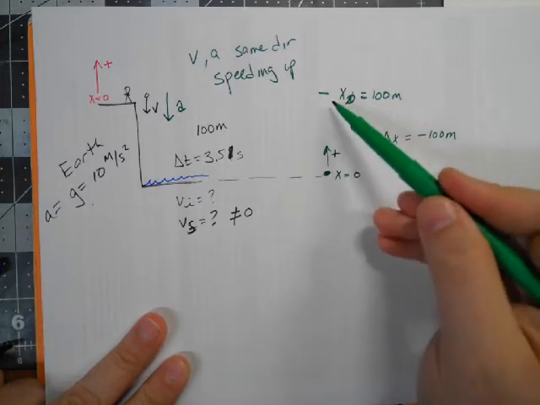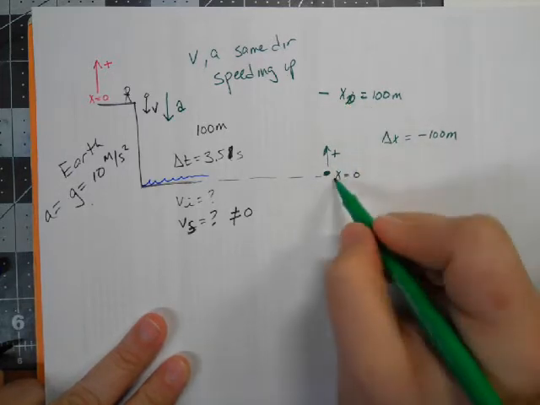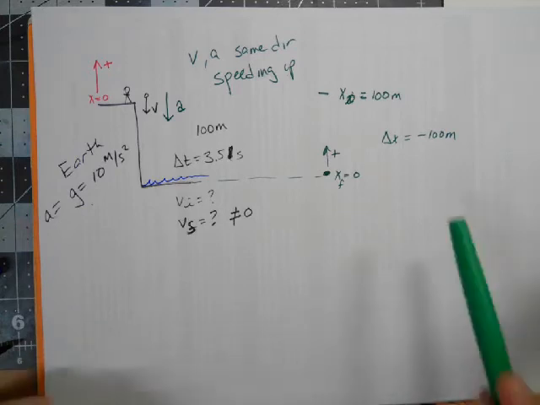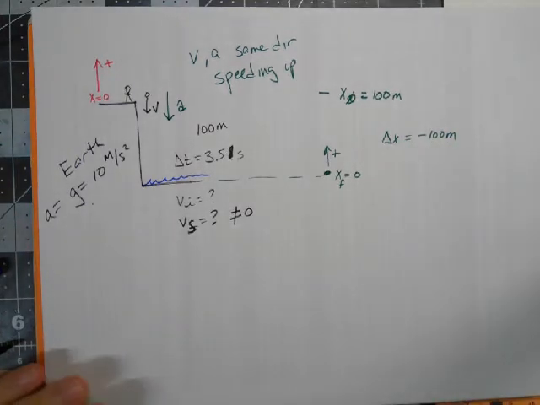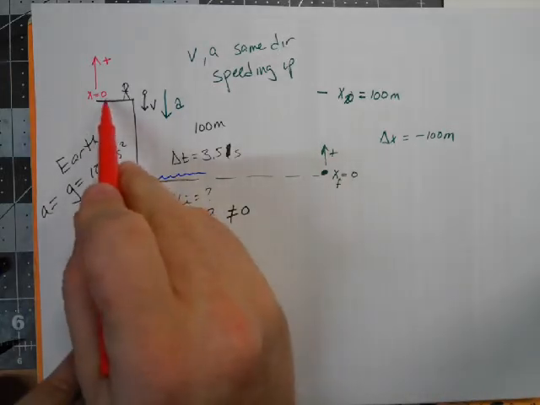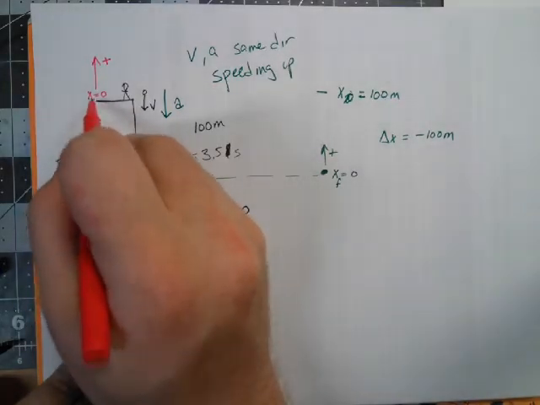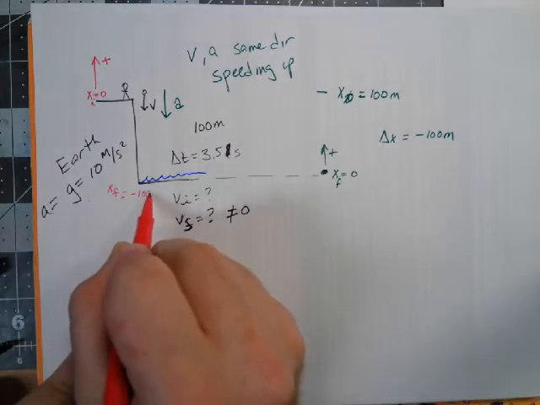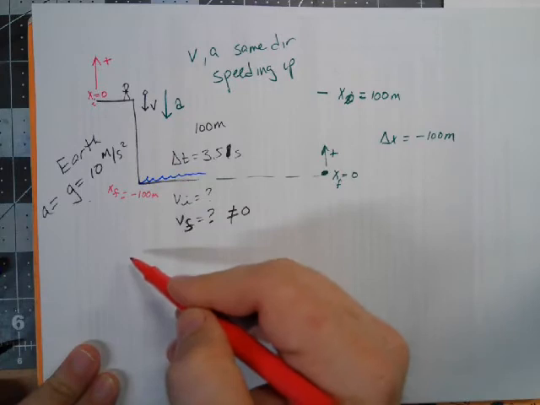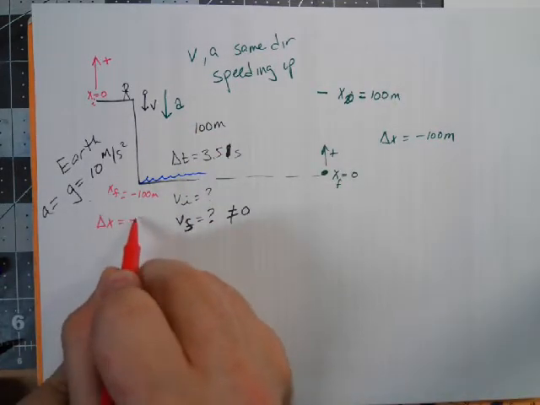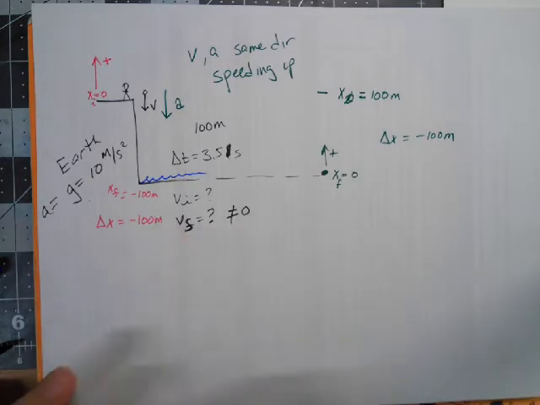Because we start here and we go down to 0, which is our x final, as well as our origin. However, in red, if this is our x initial, then x final is minus 100 meters. We went downwards, went in a negative direction. And so delta x is minus 100 meters.